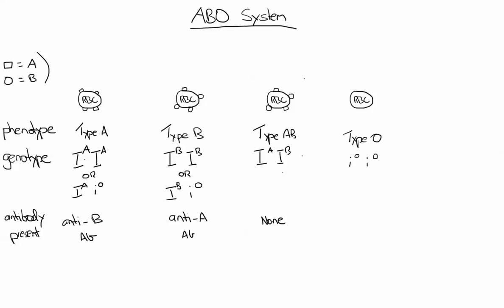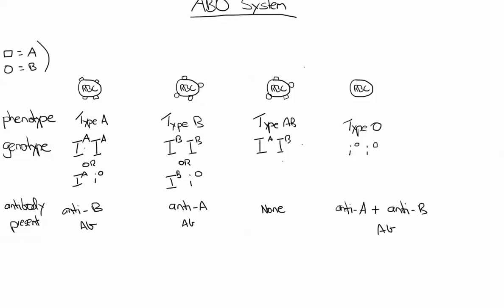Now, if someone with an AB blood type had no antibodies, it's evident that someone with type O blood will have anti-A and anti-B antibodies. And this is because both the A and the B molecule will be considered foreign.